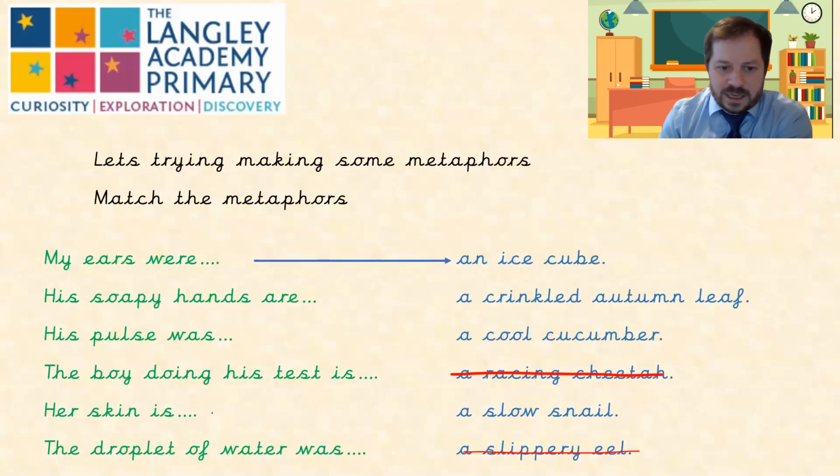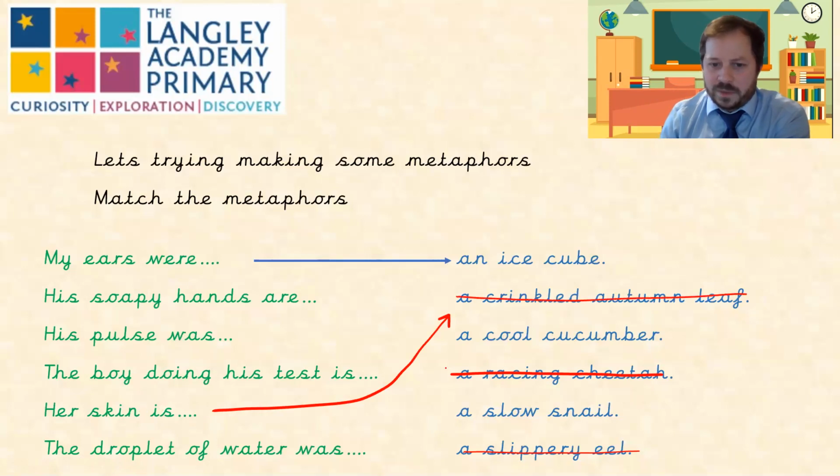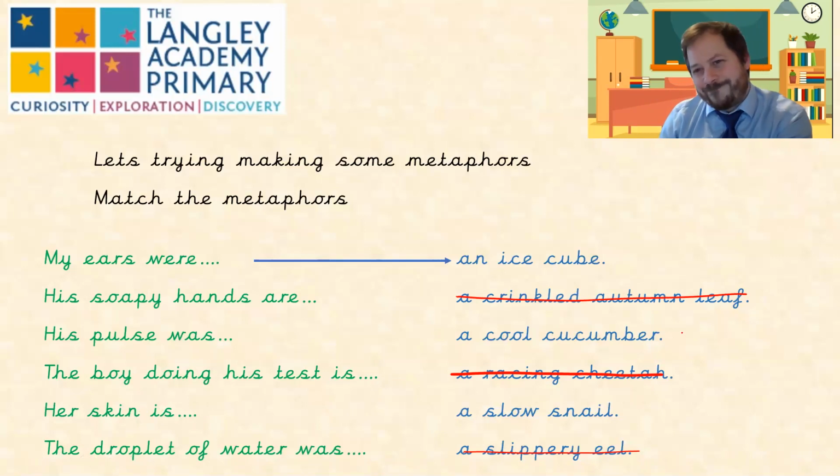So her skin is a crinkly autumn leaf. That works. Then we've got the droplet of water was a cool cucumber. Doesn't really work. When we think about a cool cucumber, we think about somebody that is calm. So I think probably the boy doing his test is a cool cucumber.